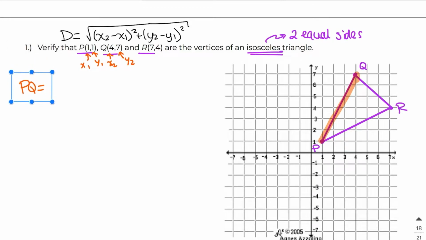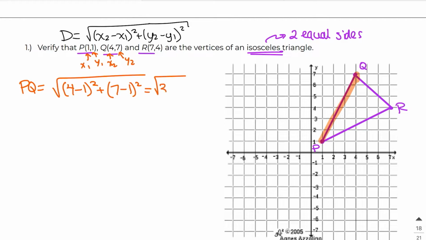Let's go ahead and calculate these lengths. x2 is 4 minus x1 is 1, and y2 is 7 minus y1 is 1. So I get the square root of 3 squared plus 6 squared, which gives me the square root of 9 plus 36, which is the square root of 45. So PQ is equal to the square root of 45. I'm just going to leave it as the square root right now.